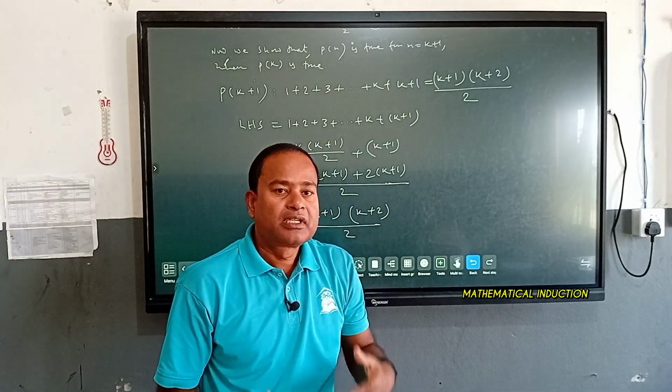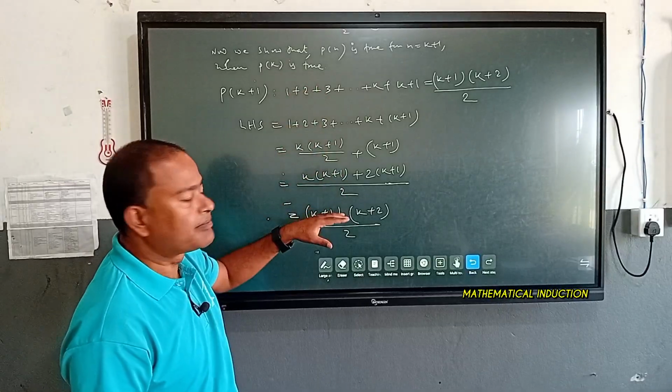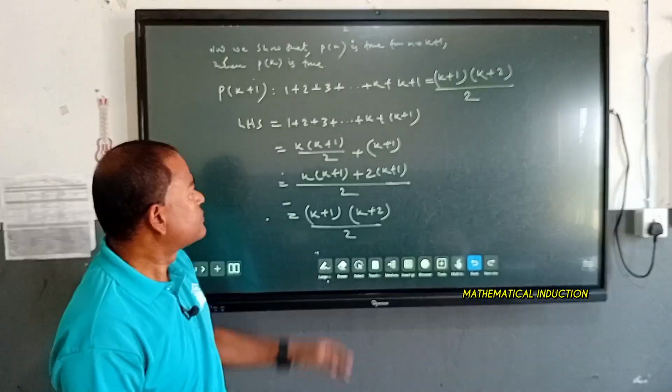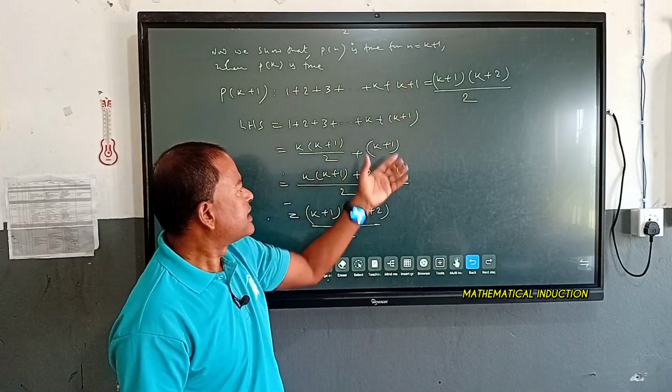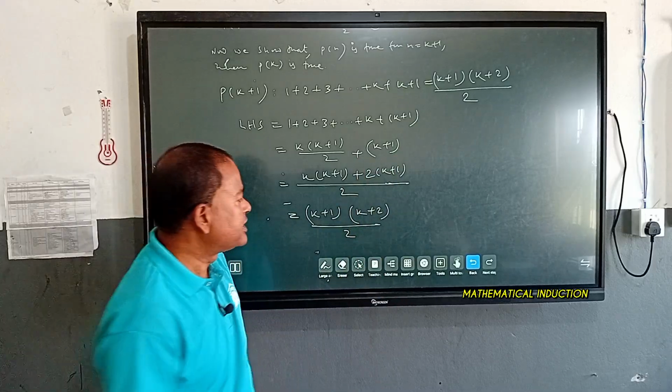So dear students, now we can say that the given statement is true for n equals k plus 1, because the value of LHS and the value of RHS are both equal.